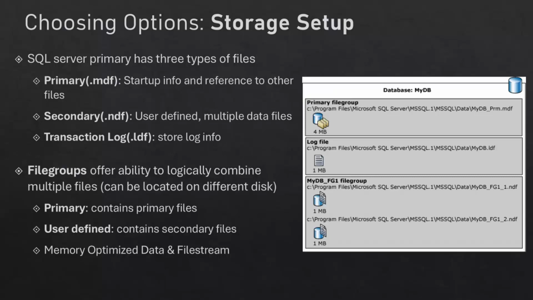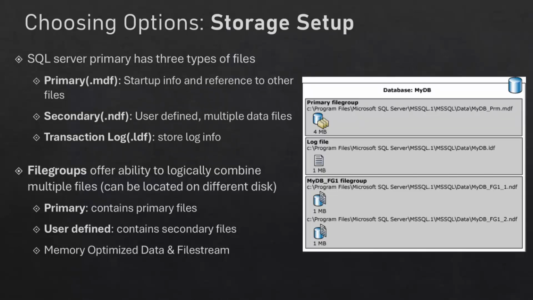So you might, let's say, want to have 3-4 data files. You can keep those data files on different disks in order to utilize disks efficiently, right? So you can have multiple data files, all on different disks, and you can group them into a single logical file group, which you can associate with your database, right?